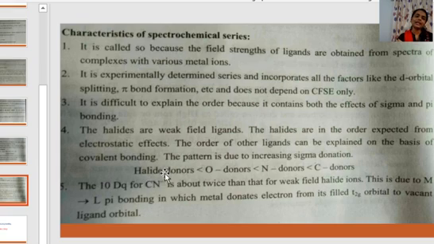The cyanide ion shows metal to ligand pi bond formation, in which the metal donates its electron from its filled t2g orbital to the vacant ligand orbital. Cyanide ligand shows the pi back bonding, that is the donation of electron from metal t2g orbital to the vacant ligand orbital.